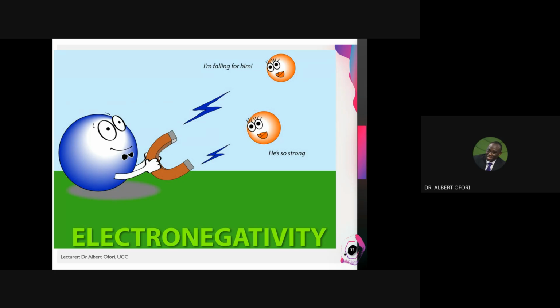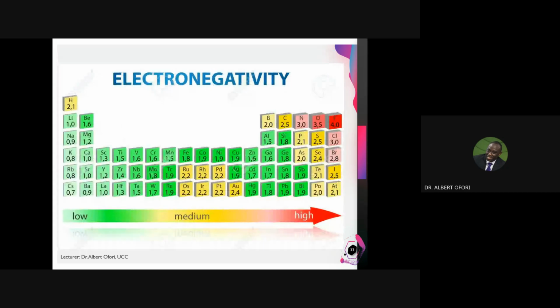But it's just like the picture I'm showing you: the guy having this magnet to have that strong feeling for the electron, all because he wants to have a complete shell and behave like that. So we can calculate this electronegativity.